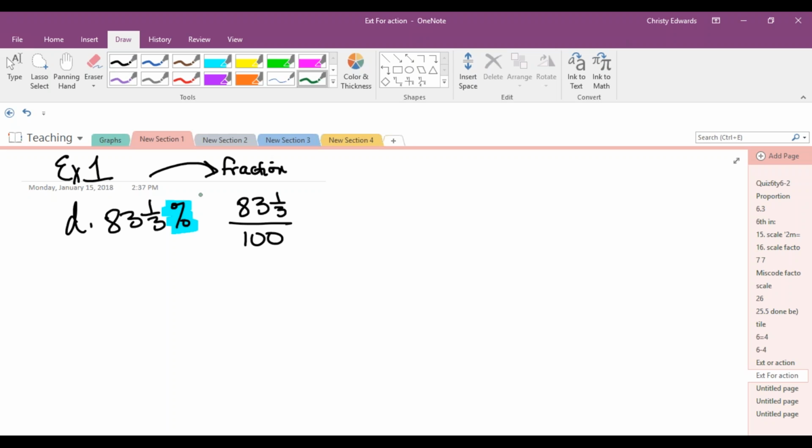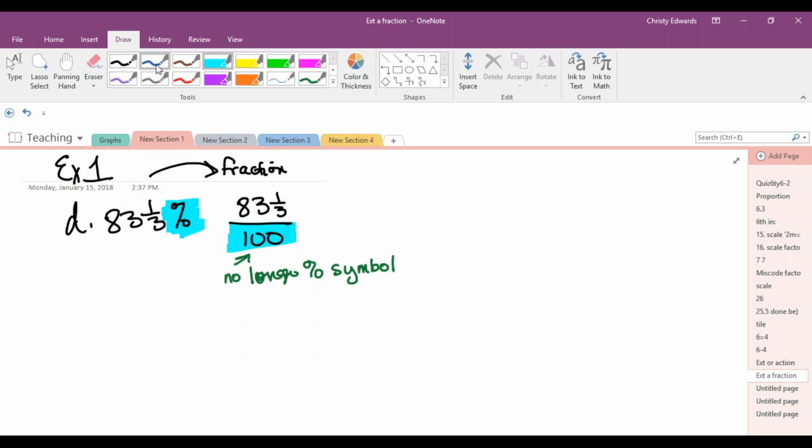Can I point out something? When you put the over 100, you no longer write the percent symbol. Why? Because these are equivalent. You either have a percent symbol or you have over 100, never both. Exactly.